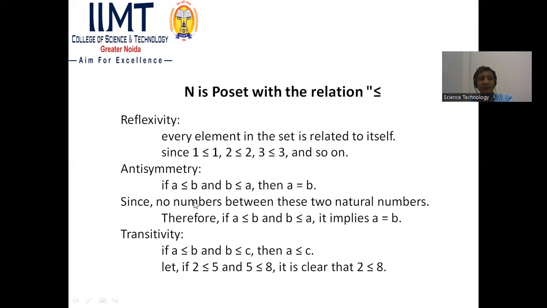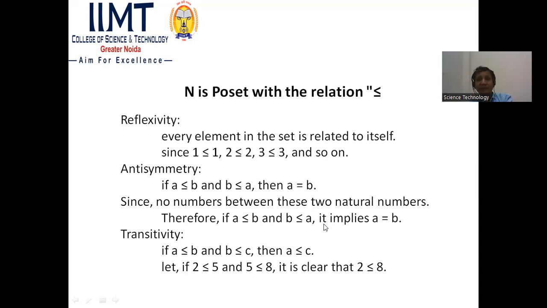We notice in this case, there is no number between two elements which fulfills the condition A is less than or equal to B and B is less than or equal to A, then it is obvious A must be equal to B. Moreover, if we take any three numbers A, B, C, and first one is less than or equal to second and second one is less than or equal to third one, then it is obvious the first one is less than or equal to third one.